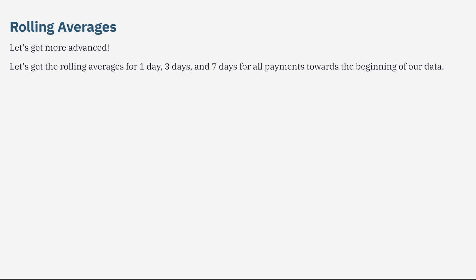So let's get even more advanced and do rolling averages. This happens a lot in financial reports where we want to know what the average sales were over 3 days or over 7 days. And just for fun, in this presentation, we're going to do all of them at the same time.